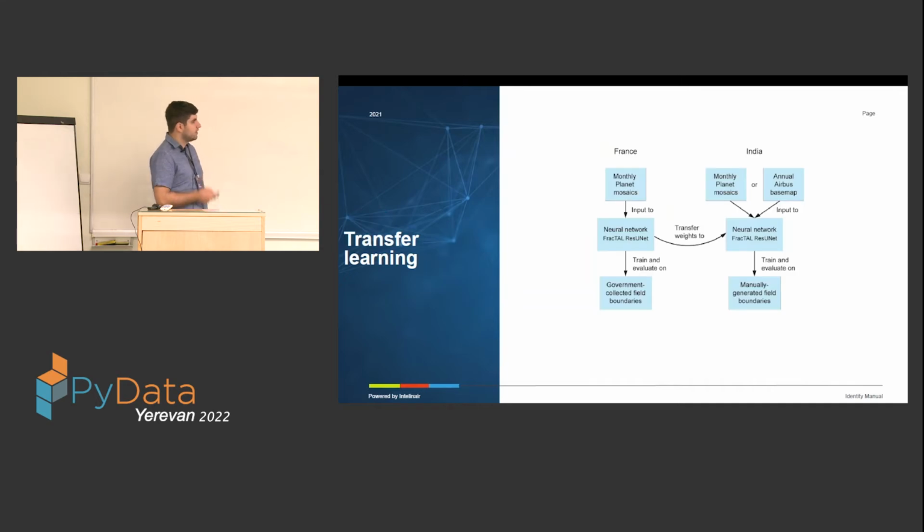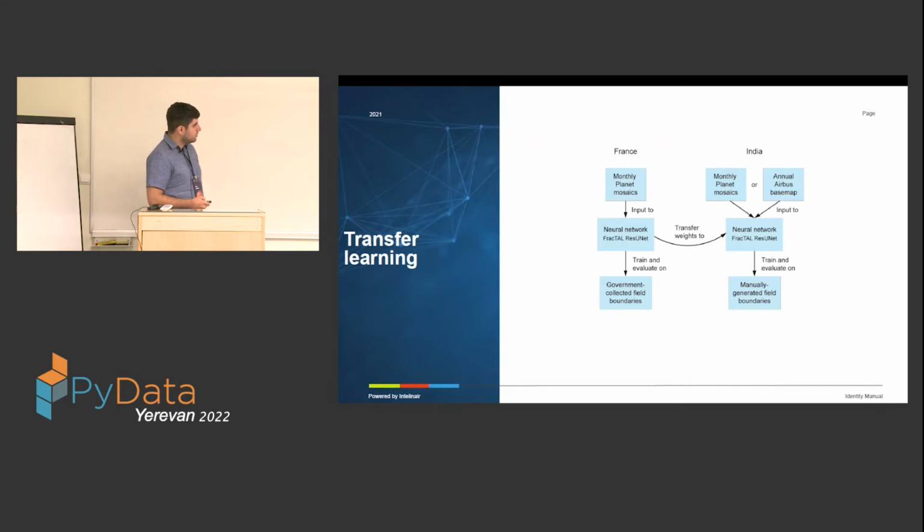So basically, this is the approach they use. They train on multi-planet mosaics, feed that input to a neural network. In their case, they use a fractal ResUnet. They train that one on French government collected boundaries, so the RPG data. Then they use some other imageries for India. This doesn't particularly matter for our case because we just use Mapbox in any case.